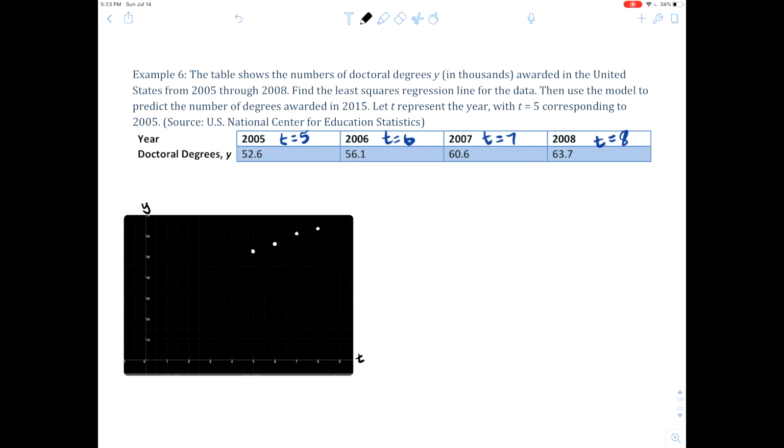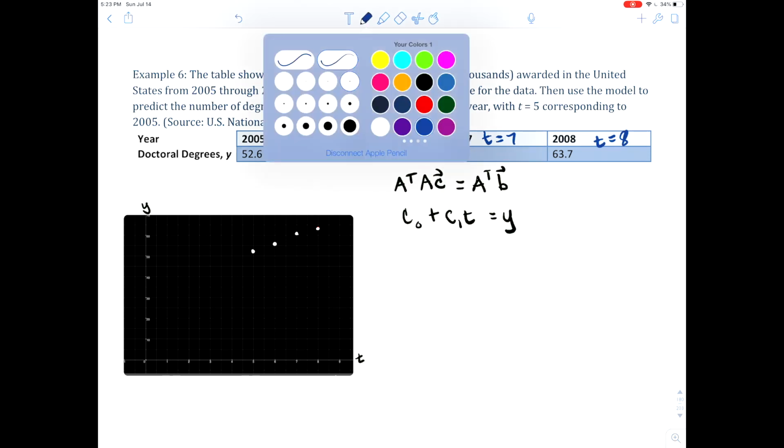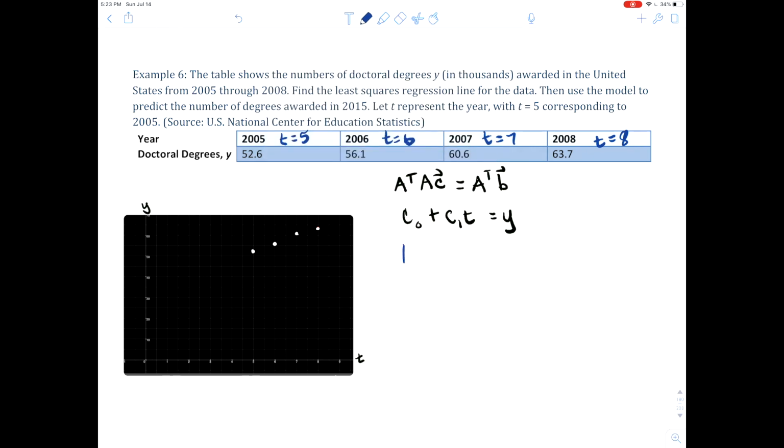So let's check it out. What do we need to do? We need to find or solve the equation A transpose times A times C, in this case, is equal to A transpose times B. All right? Well, remember we were working with C0 plus C1 times T was equal to Y, right? So, kind of putting all that together, let's check it out. We would end up having 1 C0 plus 5T is equal to what?